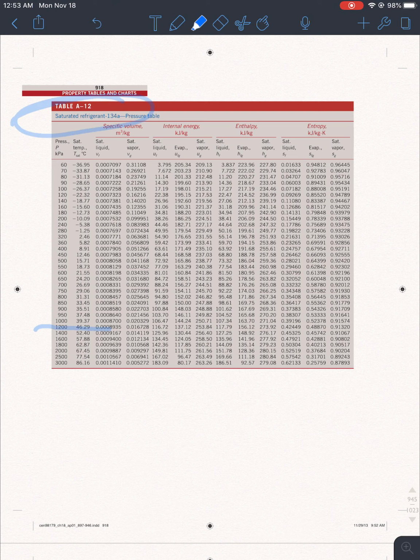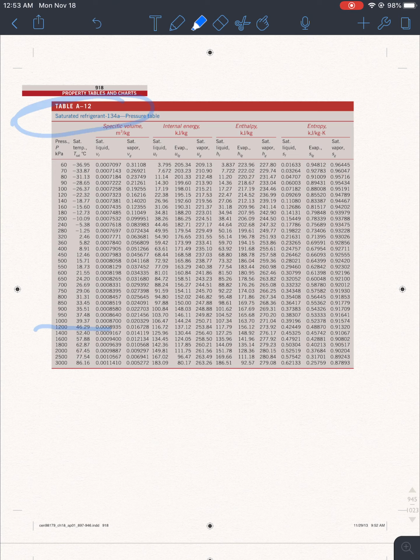The amount of heat that's taken out of the low side, which is QL, divided by the amount of work that is put in by the compressor. So that is the normal coefficient of performance.